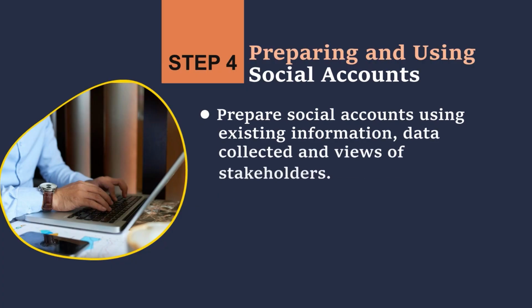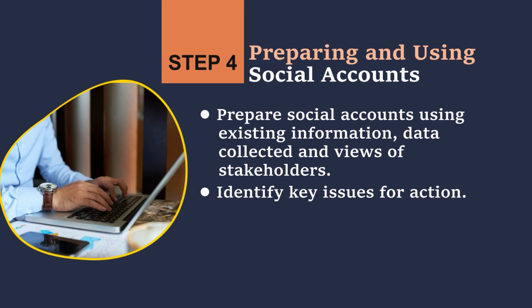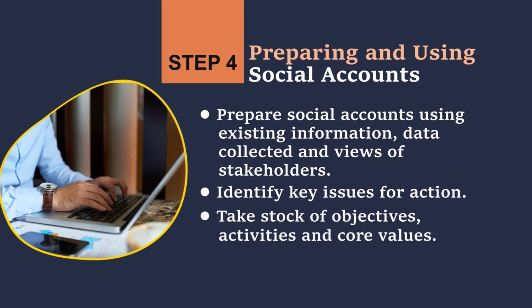In this step 4, we need to prepare social accounts using existing information, data collected and views of stakeholders, identify key issues for action, take stock of objectives, activities and core values, and set targets for future.